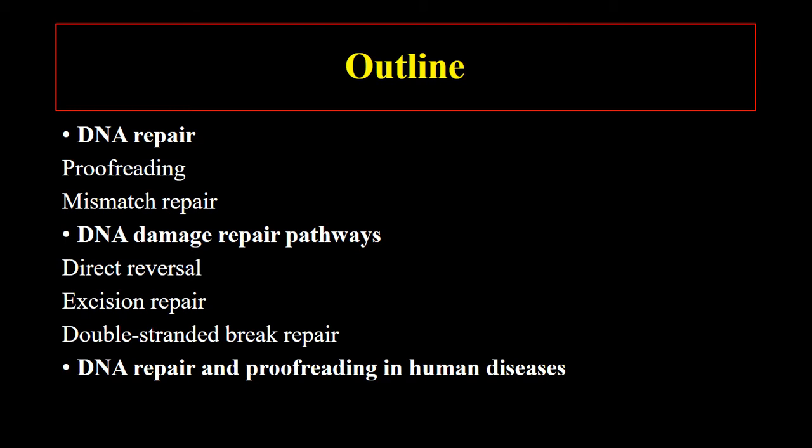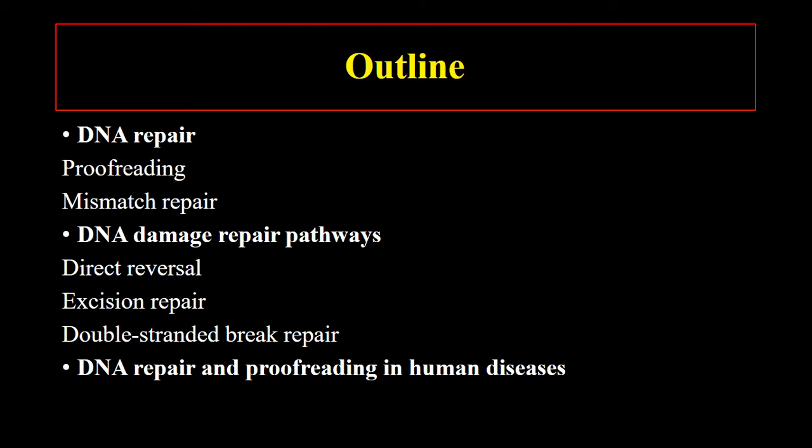Or if the damage cannot be fixed, the cell will undergo programmed cell death, which is called apoptosis, and avoid passing on the incorrect DNA. Mutations happen and get passed on to the daughter cells only when this mechanism fails.